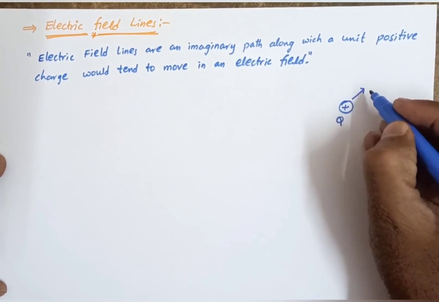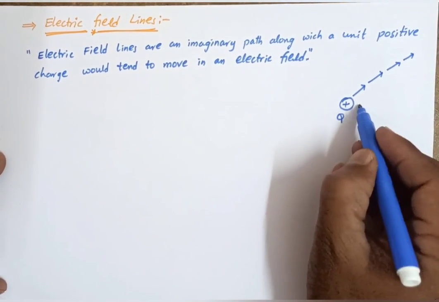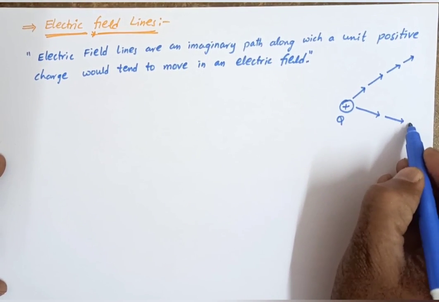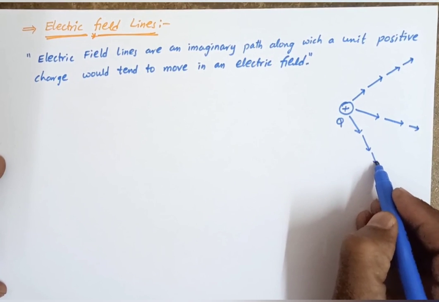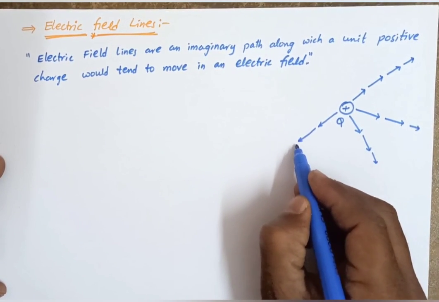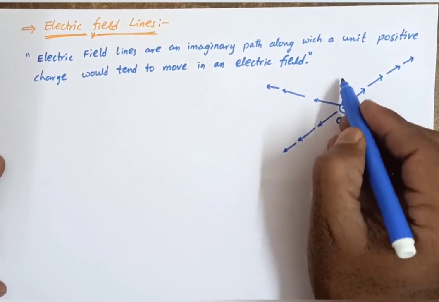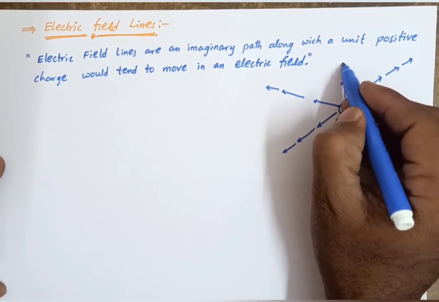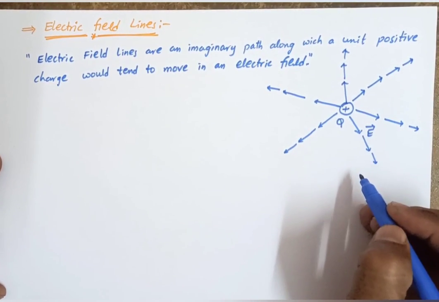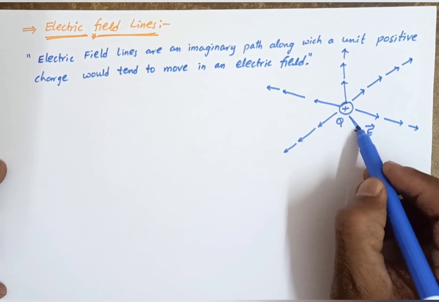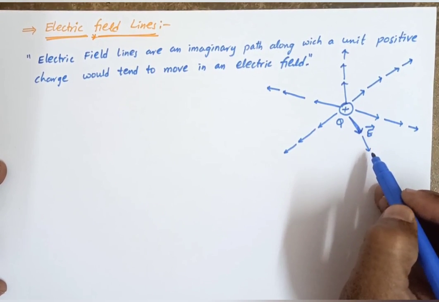The arrow mark is the direction of electric field strength at different positions.